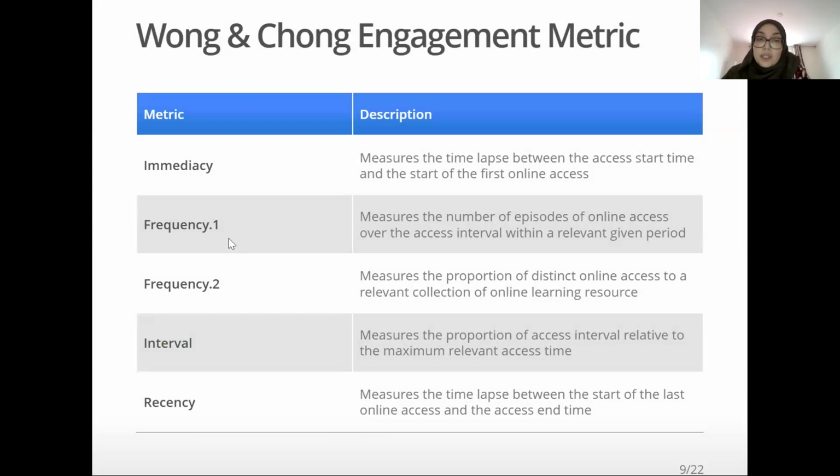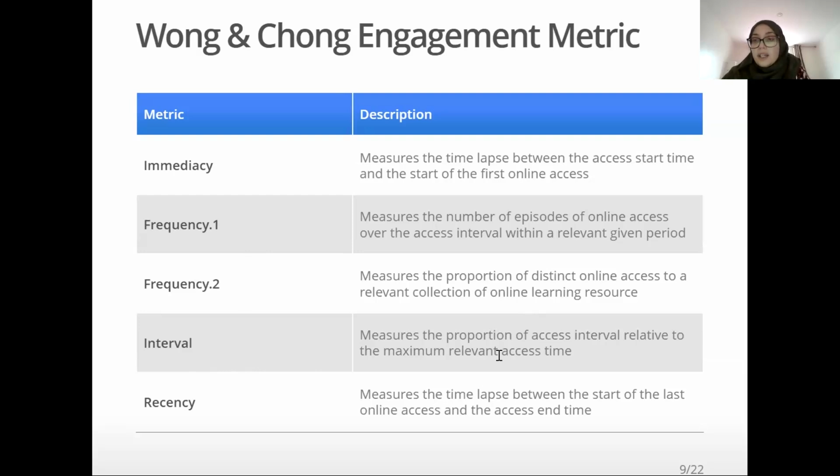Then frequency one, which is the number of access episodes over a relevant period. Frequency two is the proportion of distinct online accesses to a relevant collection of resources. Then the interval, which is the proportion of the access time relative to the maximum access time. And the recency, which measures the time lapse between the last access and the access end time.